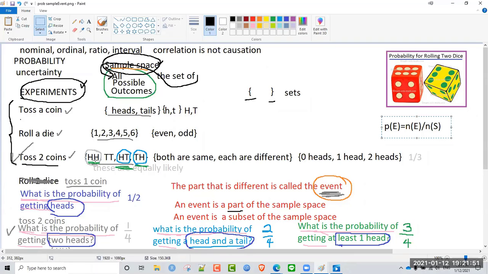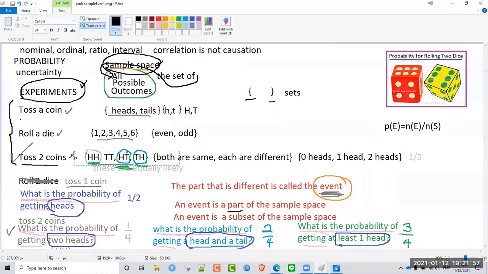So this is S. Maybe I should write it. S equals this. Okay, and there are 4 elements in S. And the event of at least one head was these 3, the underlined green ones, which we didn't actually write out. So let's write it out here.